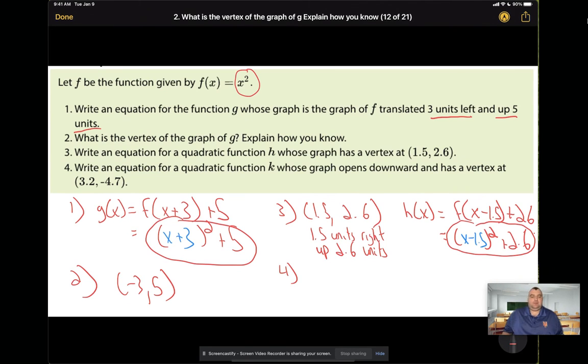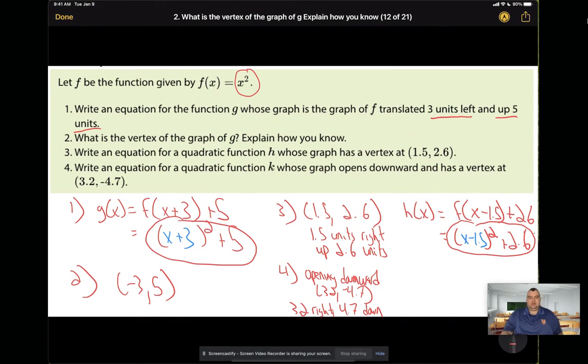So for number 4, we're doing the same thing, except now first of all, we're opening downward, and my vertex is at 3.2, comma, negative 4.7. So that means 3.2 to the right and 4.7 down.